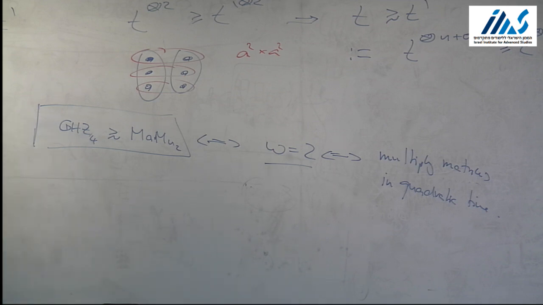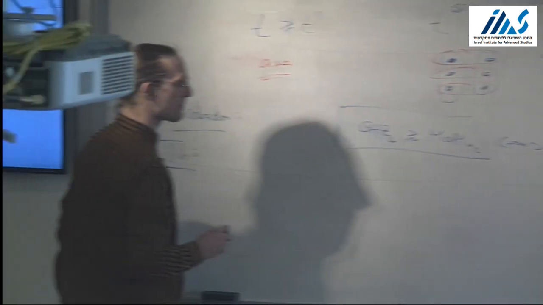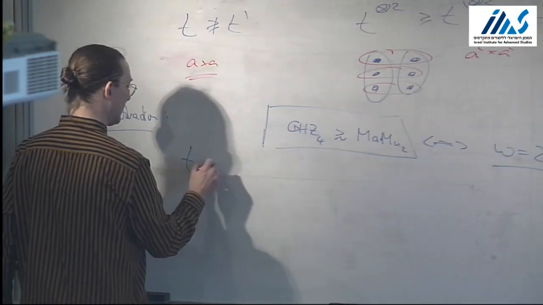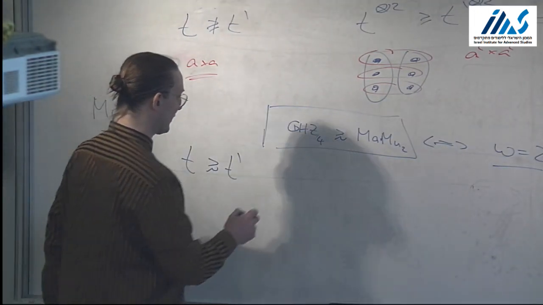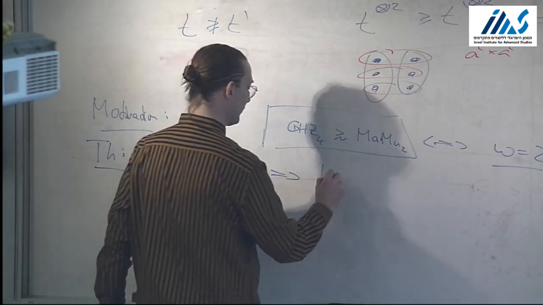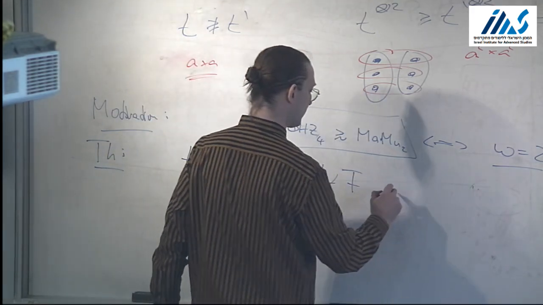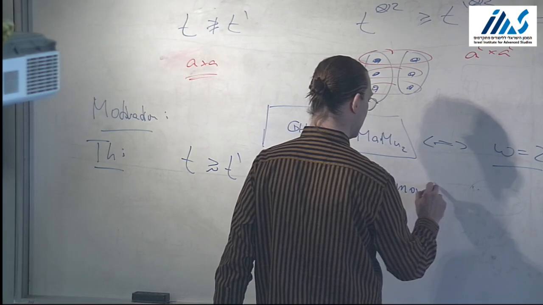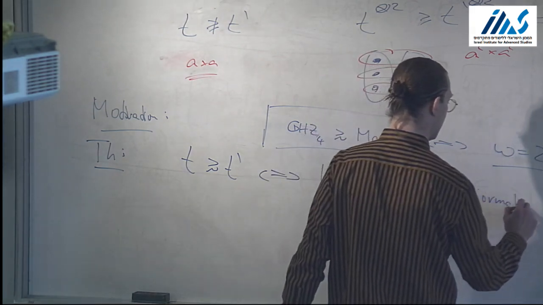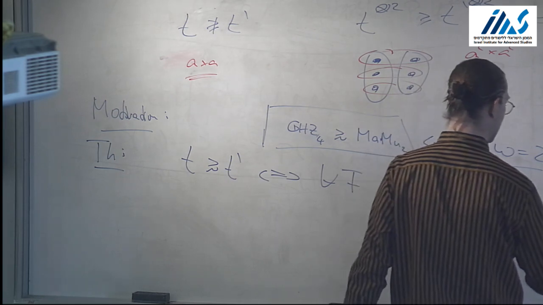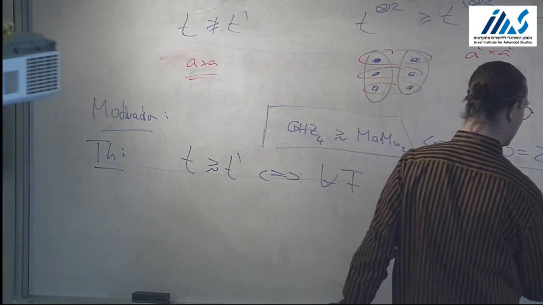And one of the things is a theorem by Strassen. Namely, T asymptotically restricts to T prime if and only if, for all f that are monotone, normalized, and multiplicative.